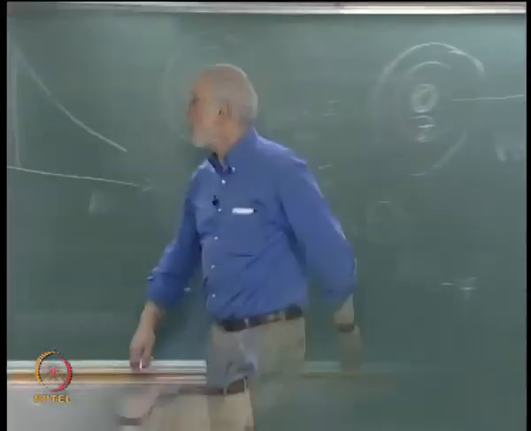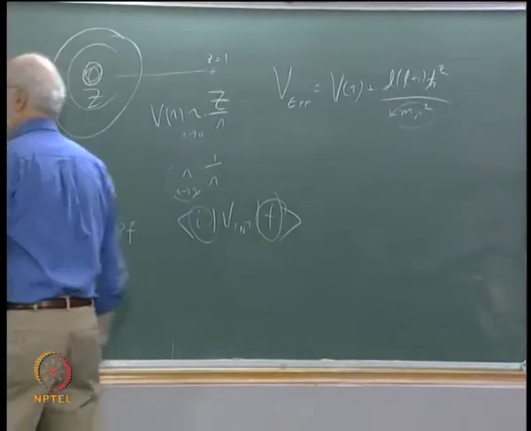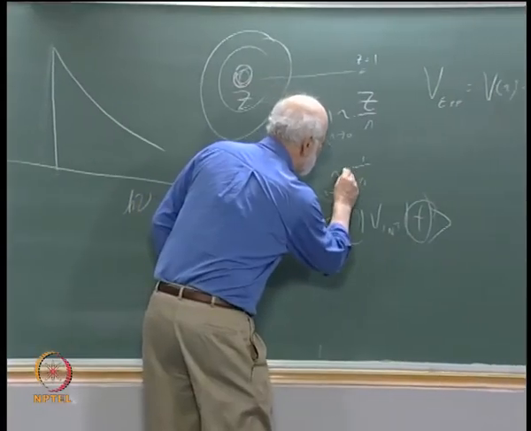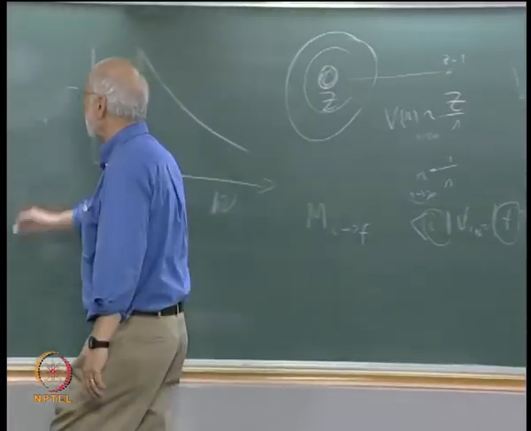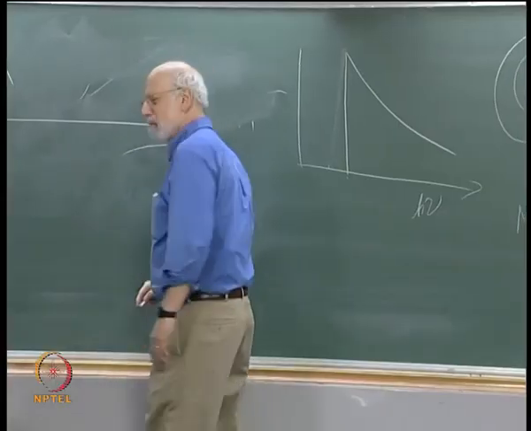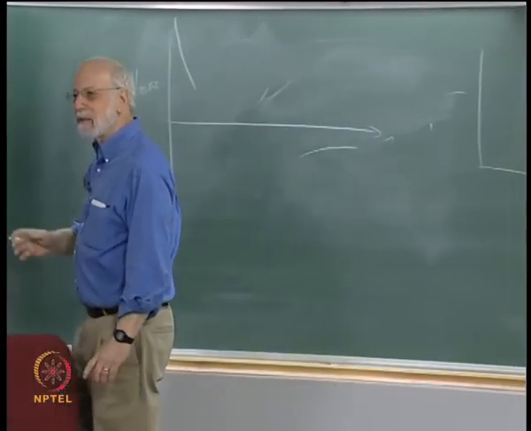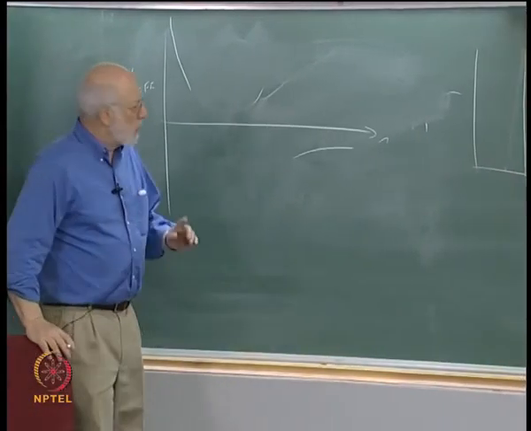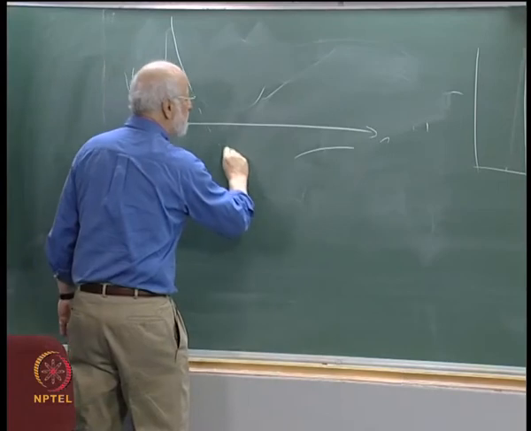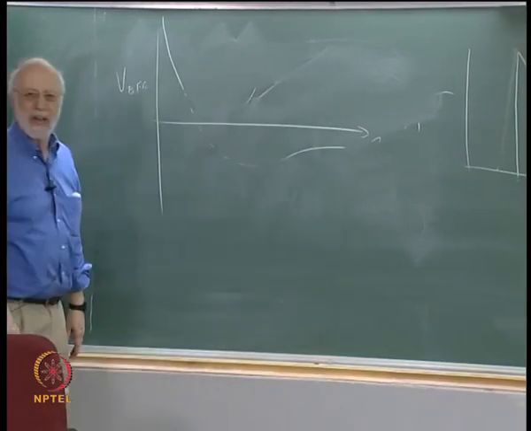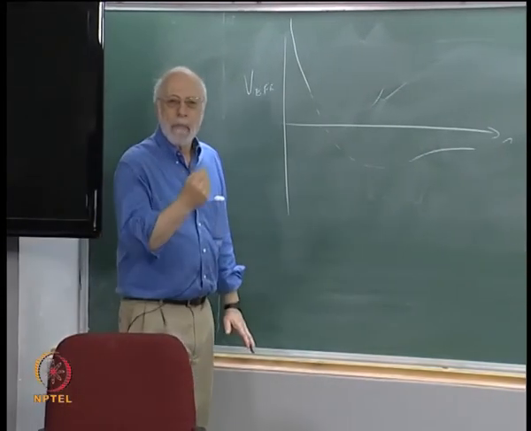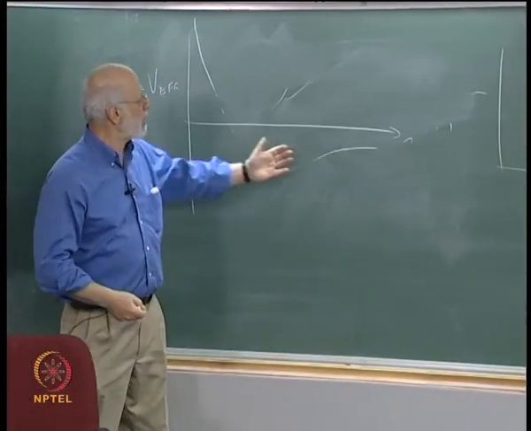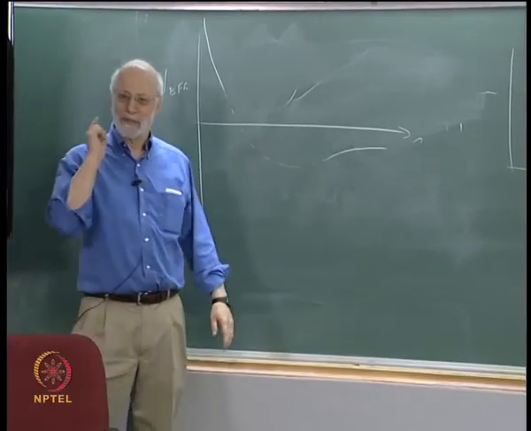Something at large r, on the other hand, this behavior dominates. And you notice that minus sign A, I wrote it small, but it's really minus. It is attractive, so it looks like this. And how they meet in the middle is of importance. So, it might be something like this, just to give an idea. So, the electron moves in an effective potential, something like this.